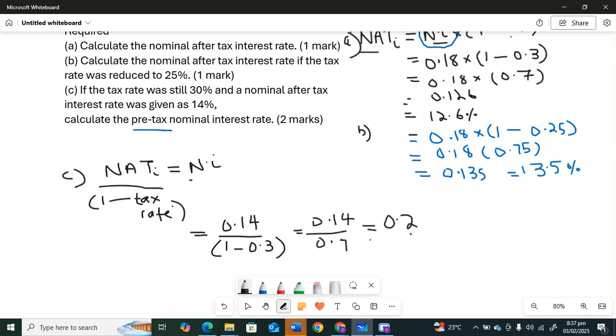And when we convert this into a percentage, this is 20%. So our interest rate before there is any tax is 20%. And after you apply a tax of 30%, your interest rate reduces from 20% to 14%. Any questions? All right.